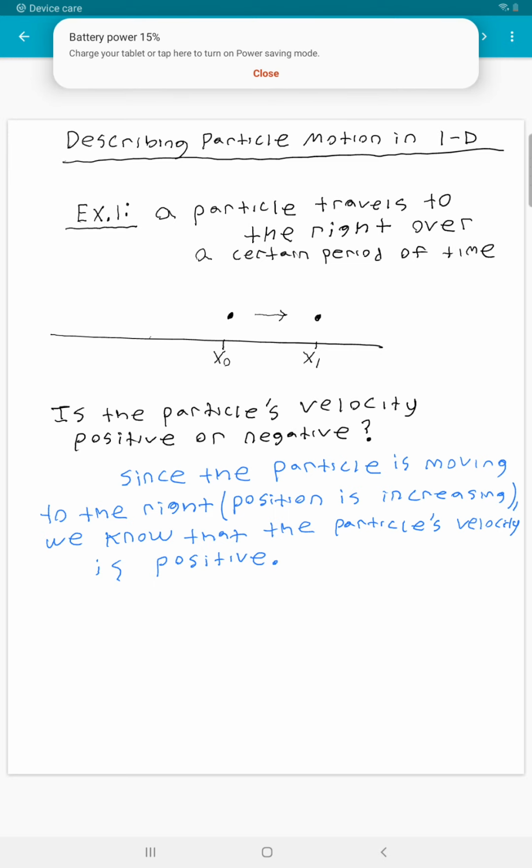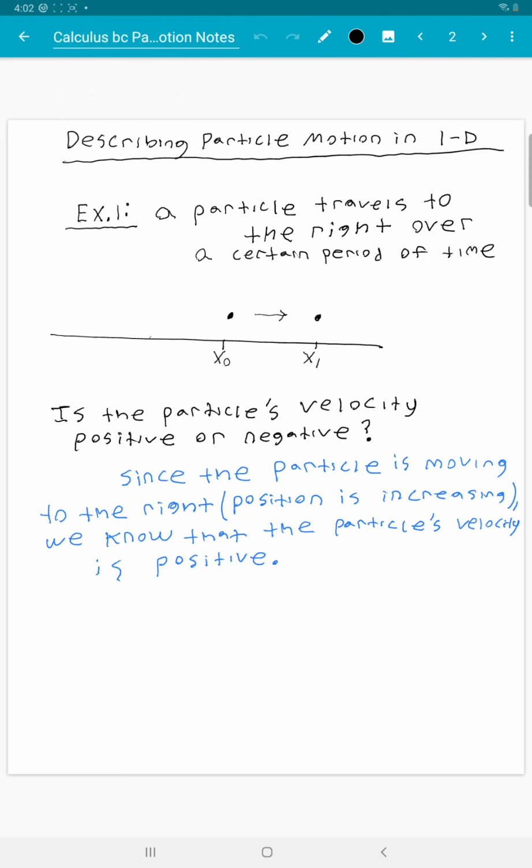So since its position is increasing, we know that its velocity must be positive because we know from our calculus experience that if a function is increasing, then its first derivative will be positive. And since velocity is the first derivative of position, when position is increasing, velocity will be positive.